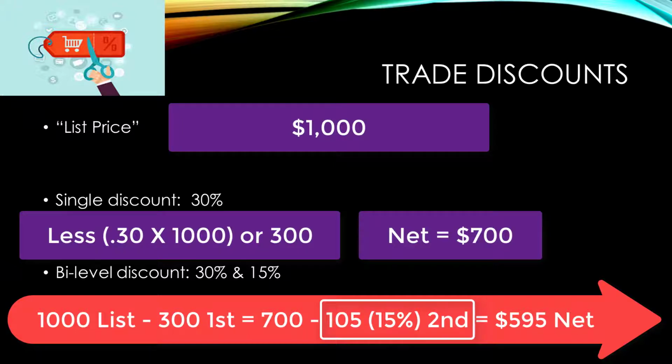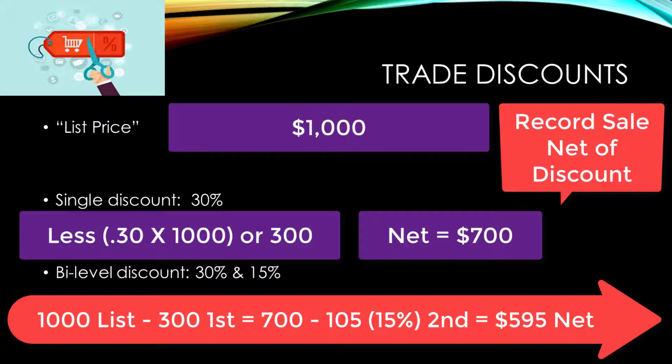This makes the final net price $595, or $1,000 minus $300 minus $105. These trade discounts would not be recorded in a special account. Rather, the net sale by the retailer or wholesaler would be recorded at the net price of $595.